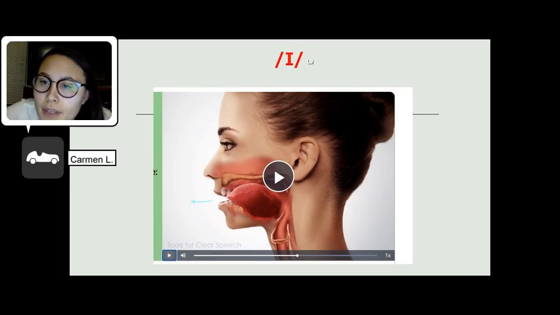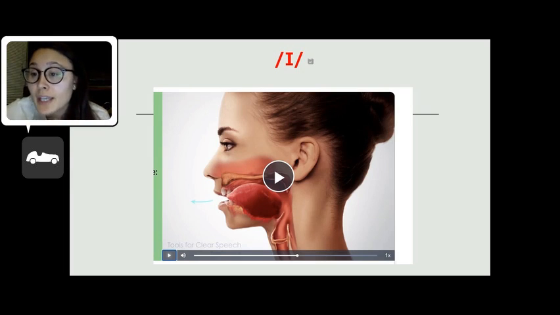Let's look at the tongue position for I. When you pronounce I, your tongue is not pulled as far upwards, and it is not pulled as far forwards. Instead, it's more relaxed. Your tongue is more in the center of your mouth.